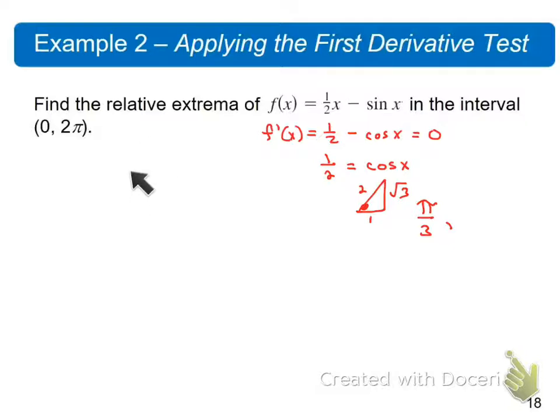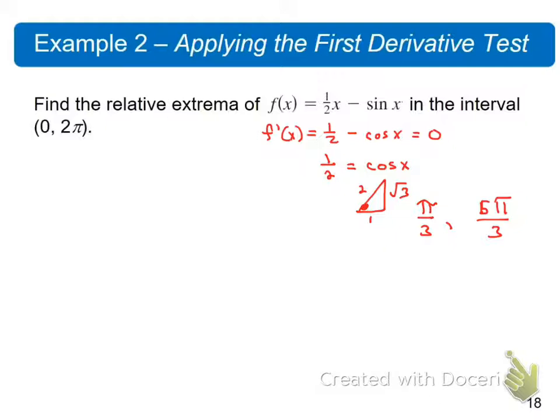Smart trig: we're going to have a positive cosine in quadrant 4. What is it? It would be 5 pi over 3, wouldn't it? So those are our two critical numbers. Everybody clear with that?